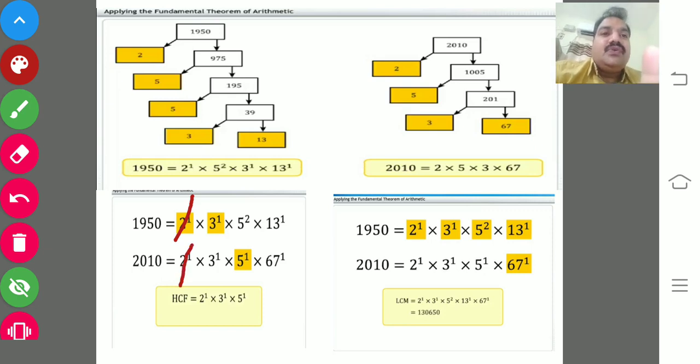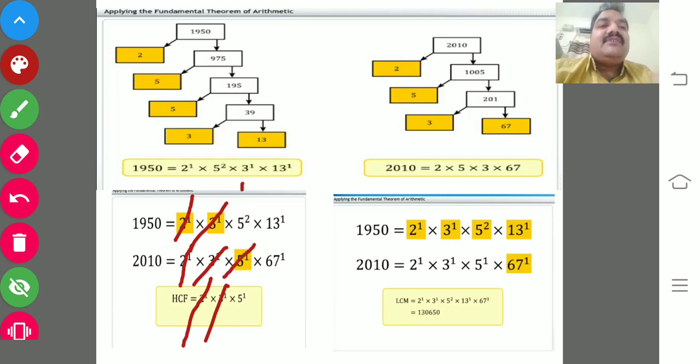So 2 is repeated one time only as a product, so you write 2 power 1 here. And 3 power 1, 3 power 1, on both sides it's common. But here 5 square is there, here 5 power 1 is there. So you take only 5 power 1.